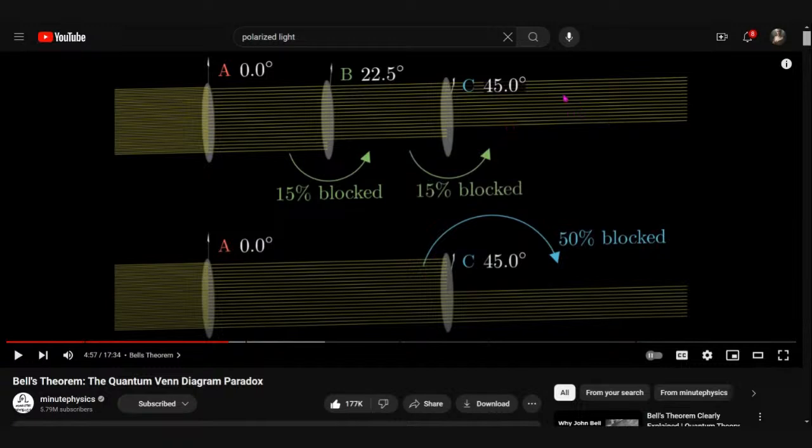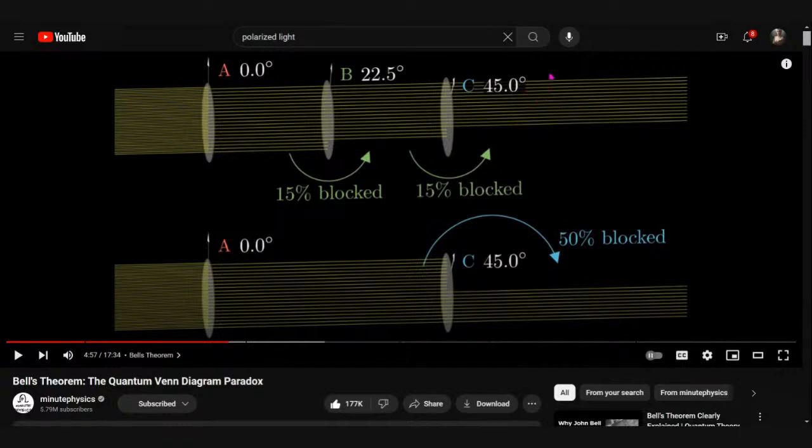So, but there seems to be a contradiction between... So this is now, everyone here is at 45 degrees. Everyone here is at 45 degrees. Whatever the number, we don't care about the number here. 15% are blocked, another 15% are blocked.